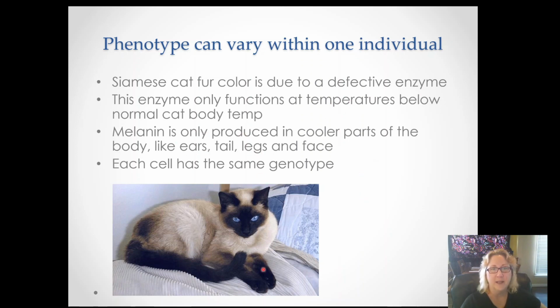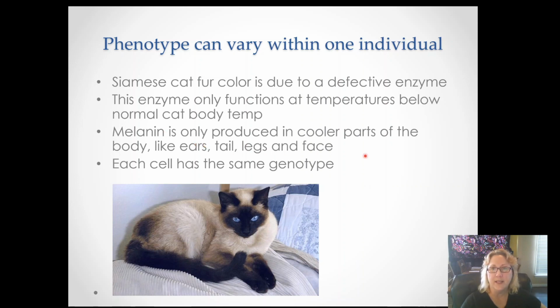So cats' body temperature is a little bit warmer than humans. It's about 101, 102 Fahrenheit. And this enzyme does not function at that temperature. So we don't get melanin in places in the body where the cat's skin is warm. Instead, it functions at a cooler temperature.